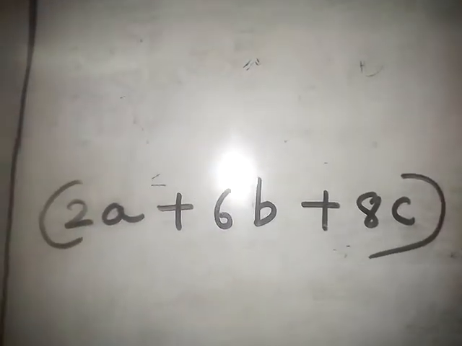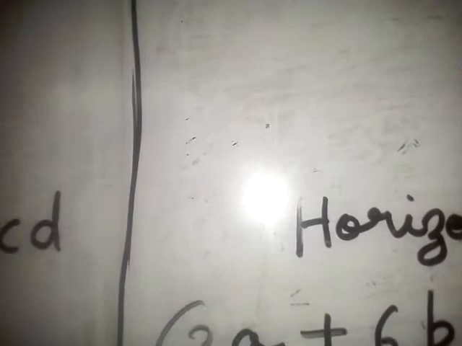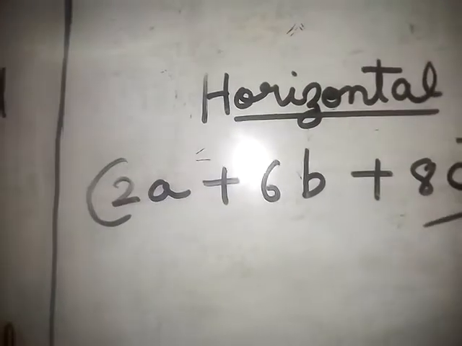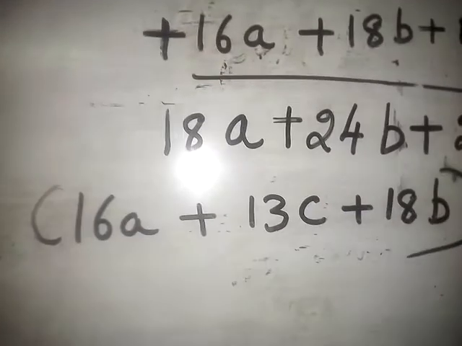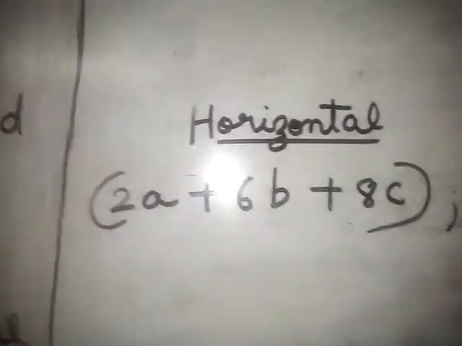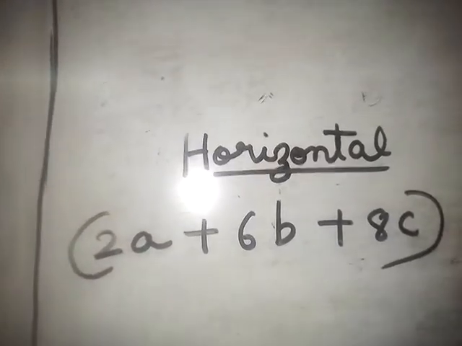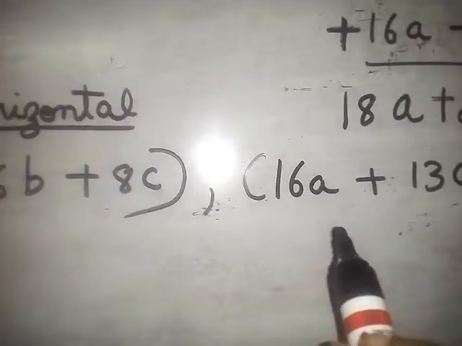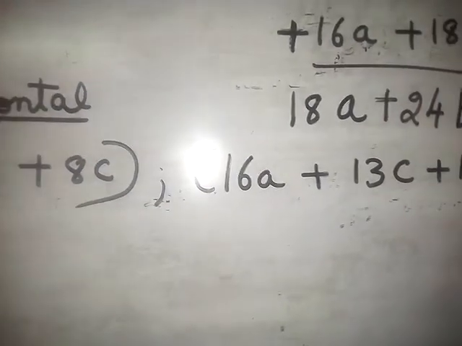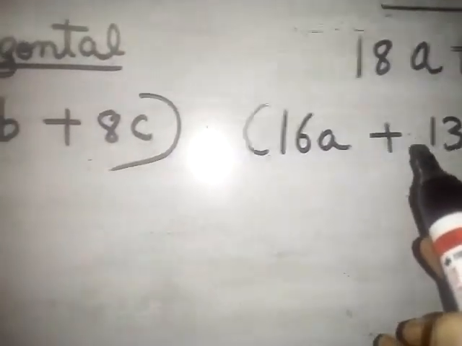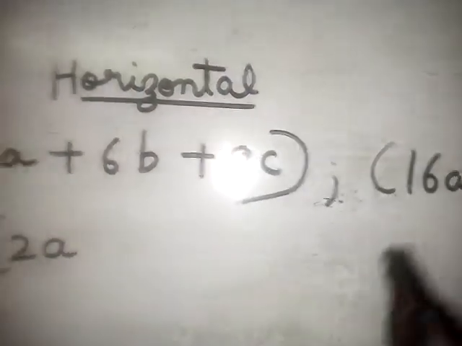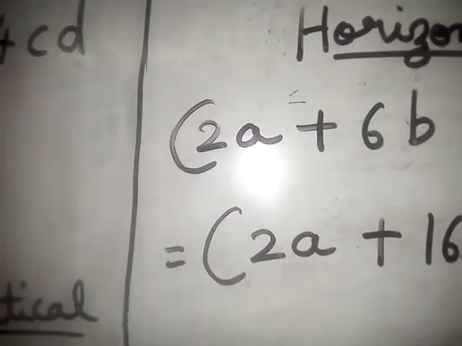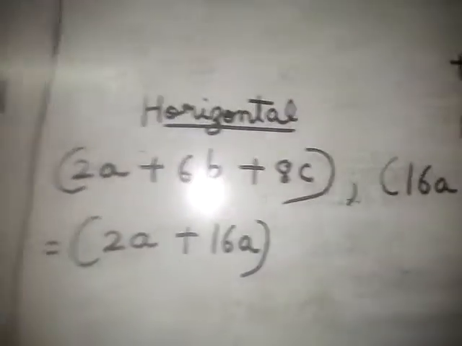Look here properly. I have arranged in horizontal arrangement, so I am writing here, this is horizontal. 2a plus 6b plus 8c, 16a plus 13c plus 18b. Now you have to arrange in like terms. 2a, and another a, where is it? In the second bracket, there you have to write it. Write these numbers together. 2a plus 16a, close the bracket.